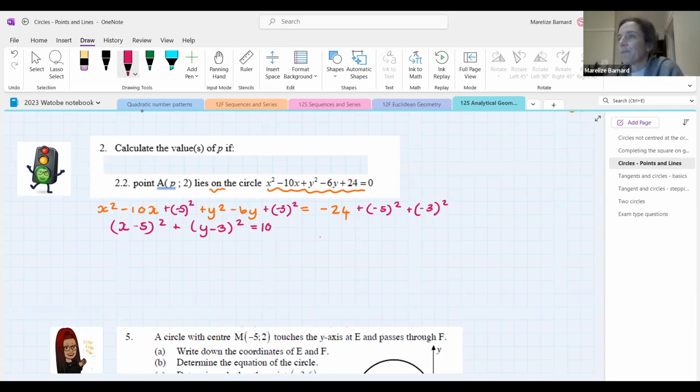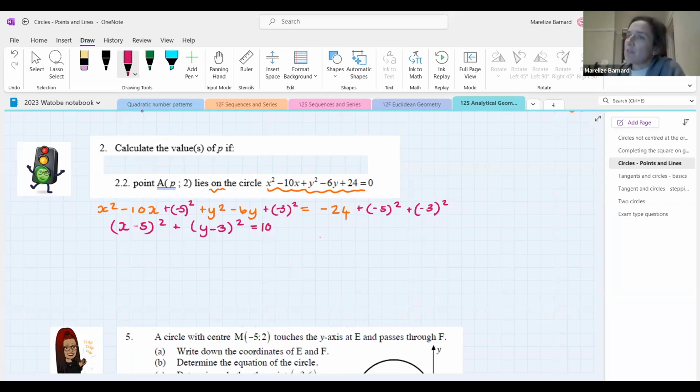Perfect. Okay, and because our P is just an x value and it lies on the circle, our y is 2, and the radius squared will be equal to 10.